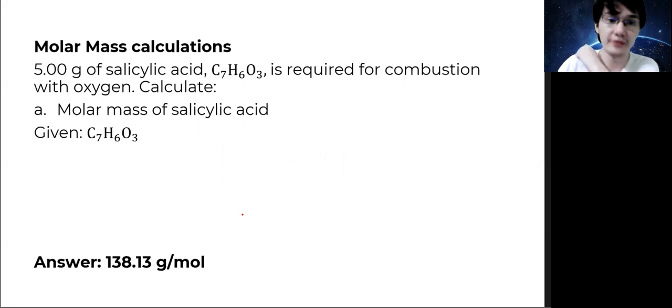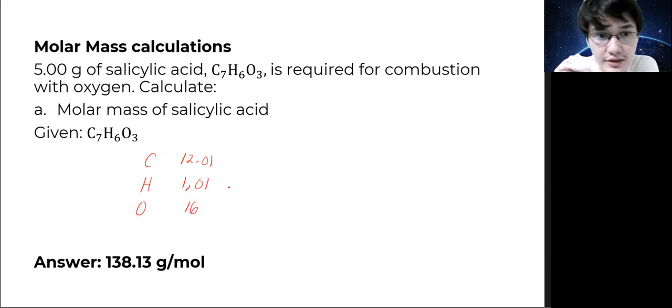So we determine first the molar mass of salicylic acid. We have carbon, hydrogen, and oxygen. So we multiply them, 7, 6, and 3.